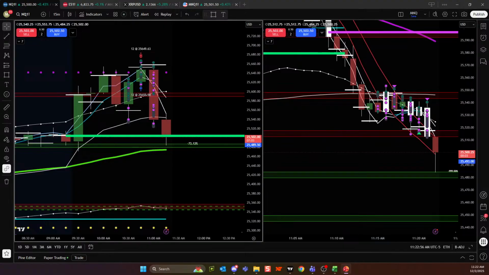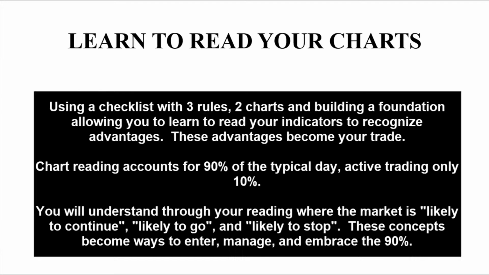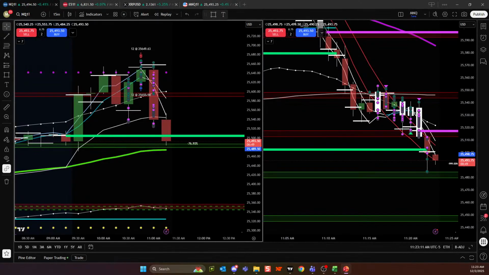What's cool is once you accept that 90% of your day is just waiting, 10% is trading, and you focus on your reads, not your rewards, that's when you become a trader.